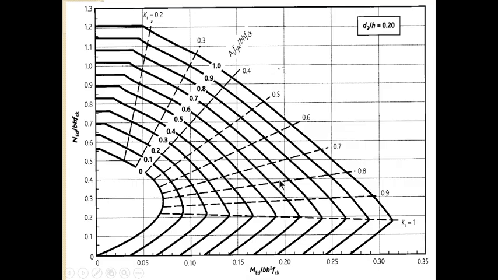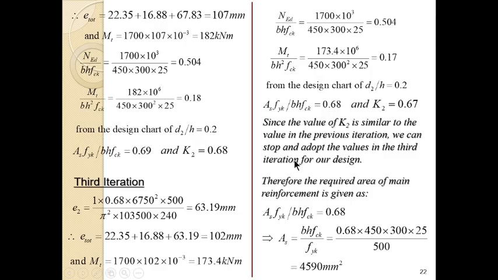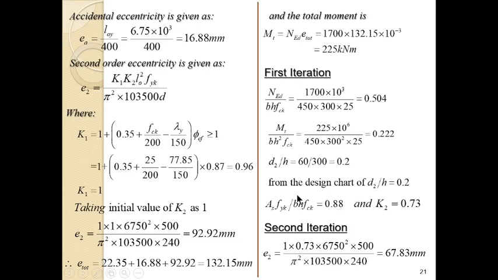Let me look at it again. If this is 0.72, this place can be taken as 0.73. Someone else might present it as 0.72, but I saw 0.73. So that means K2 is 0.73. So let's go back there. From that design chart, our ASFYK over BHFCK is 0.88, and our new K2 is 0.73.